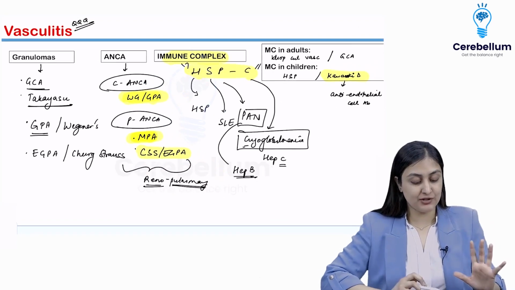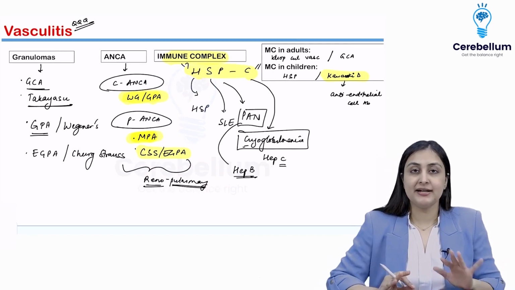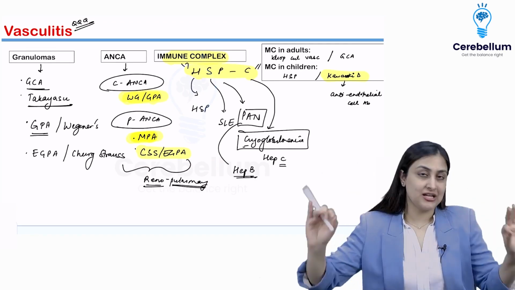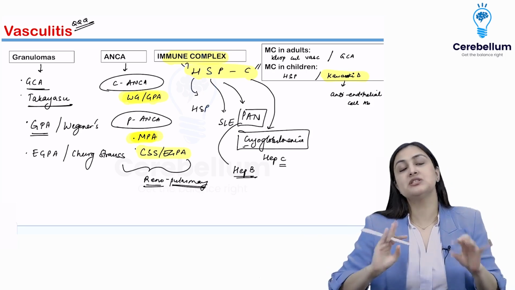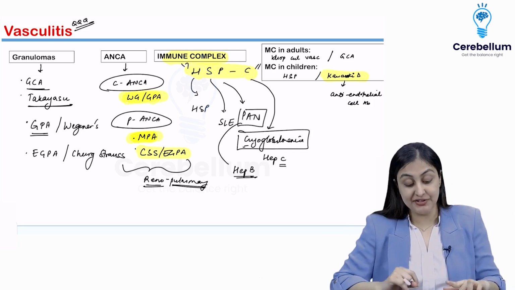Alright, so this is about pathophysiology. Very underrated. People tend to ignore this and focus on the classification, that is your Chapel Hill, but this is where you get questions. Alright, so focus here first.